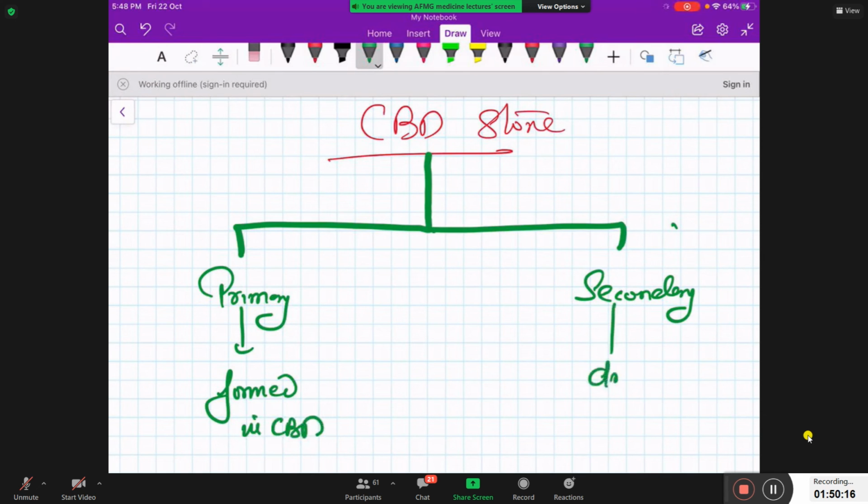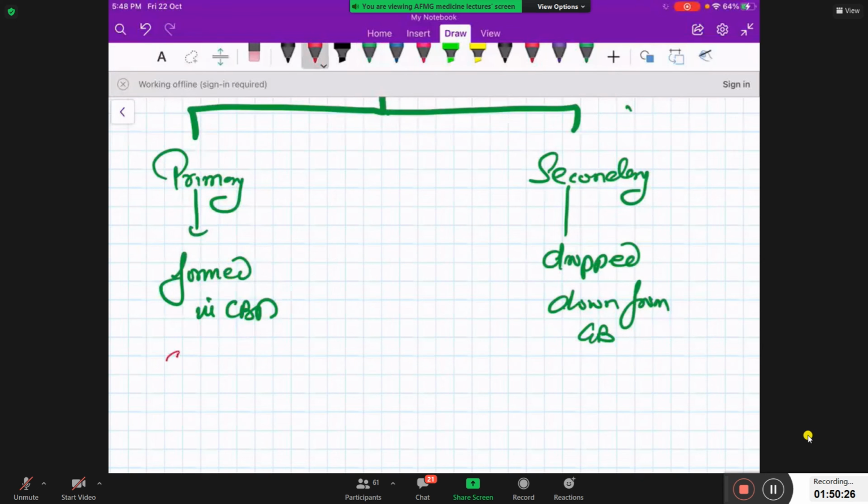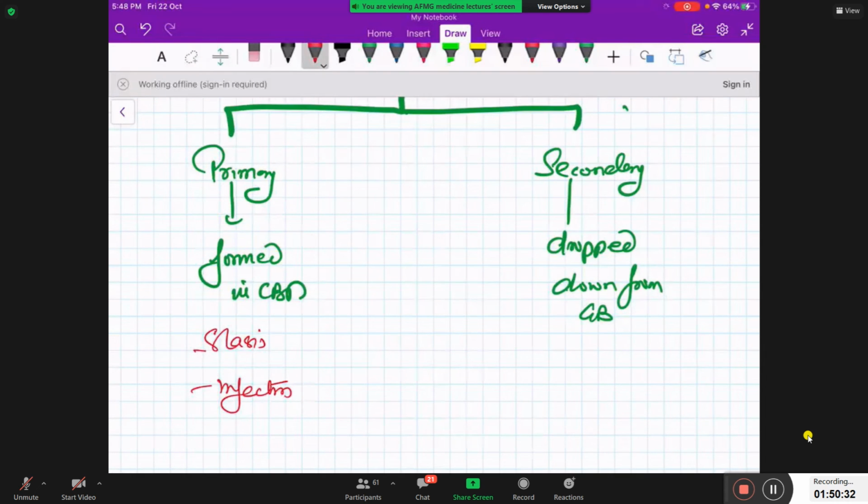Secondary, which is dropped down from gallbladder. Primary, which is formed in CBD either due to stasis or due to infection. Now, can you tell me which is more common? Two choices.